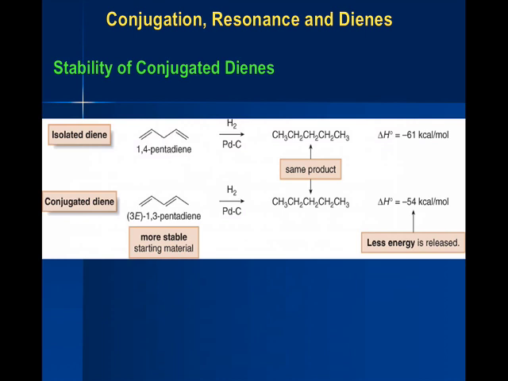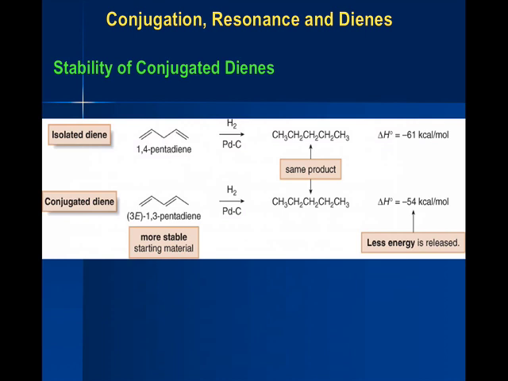If I take this conjugated diene, 1,3-pentadiene, and I hydrogenate it, I get pentane. So what are these with respect to one another? Well, one has resonance, one doesn't, but what are they with respect to one another? They have the same molecular formula, do they not?